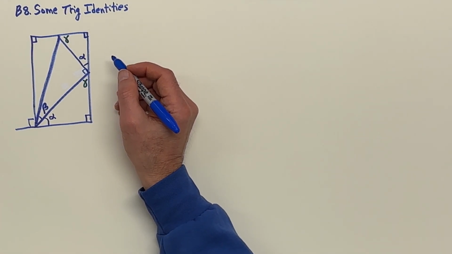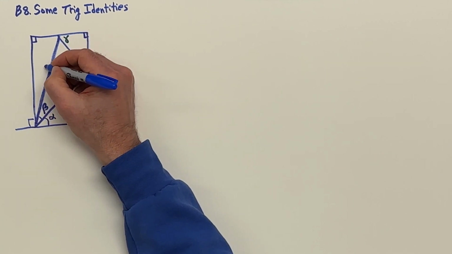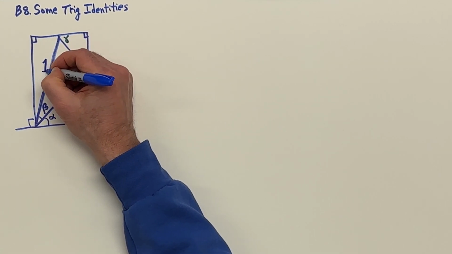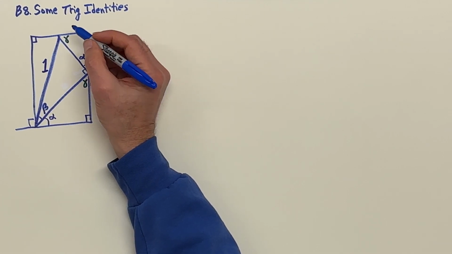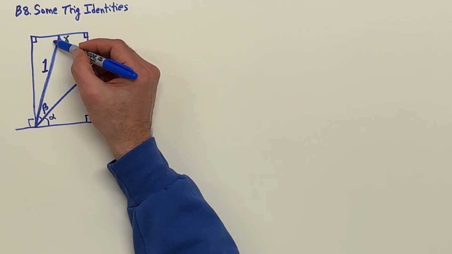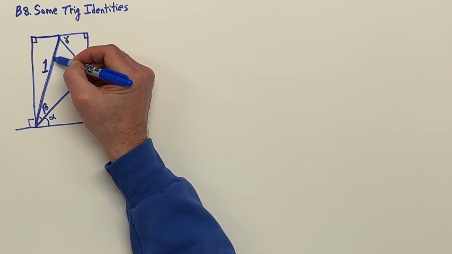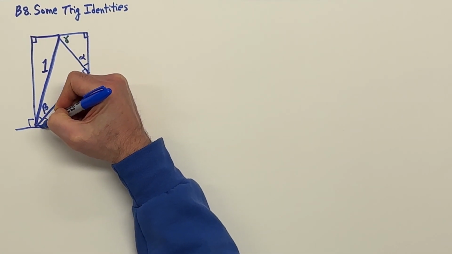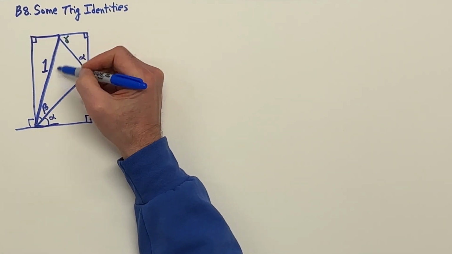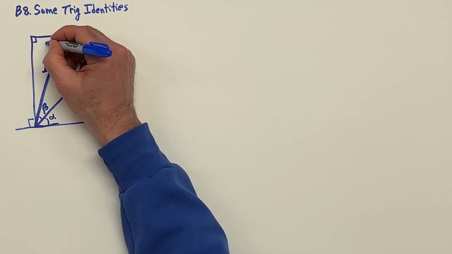Okay, now let's look at this long line, and let's assign that to have length 1. That's length 1. What can we say about this angle in here? Well, if you look at this Z, from geometry, when you have a Z, the alternating interior angles are the same, which means this has to be alpha plus beta.